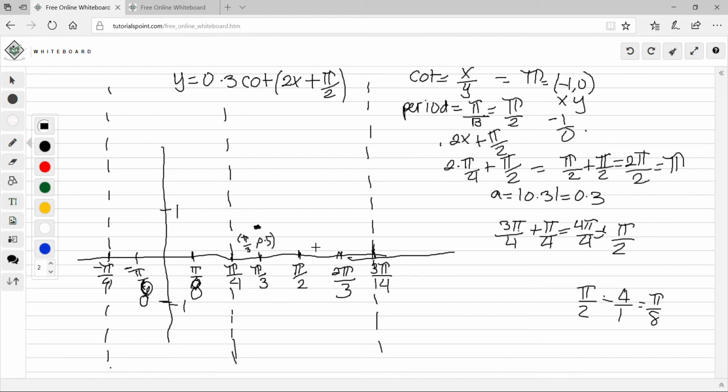Pi half is 0, so this point is pi half, comma 0. This point is negative 0.5, so right here. So this is 2 pi thirds, comma negative 0.5. So it will look something like this.